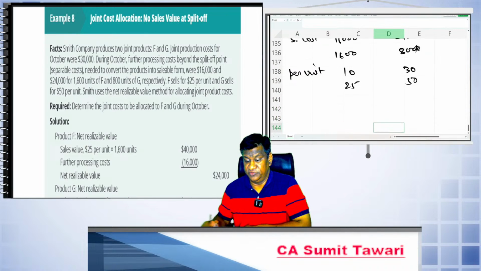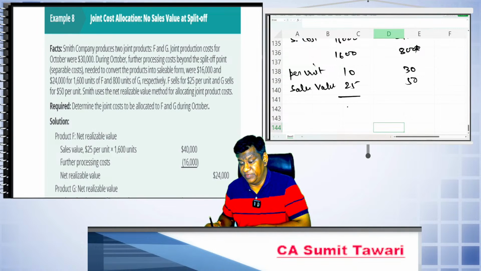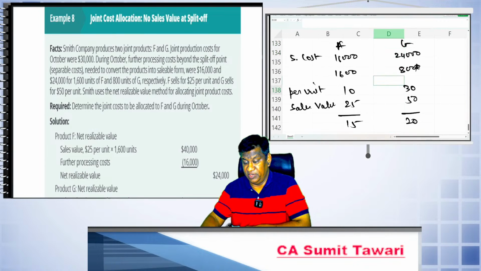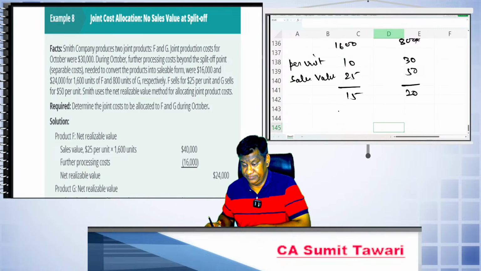So this is the sell value. Then 25 minus 10 is 15, and 50 minus 30 is 20. We need to consider this and multiply with the quantity: 15 multiplied by 1600 and 20 multiplied by 800.